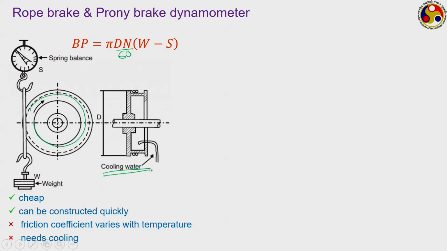This is the cooling channel which must act to keep the rope temperature within certain range, because one problem is the rope may suffer some kind of damage because of the elevated temperature levels. Second issue is that the friction coefficient keeps on varying with temperature. So, it becomes difficult to get a measure about the torque value or the brake power value if the temperature fluctuates quite a bit.